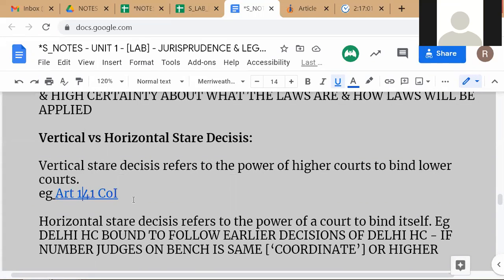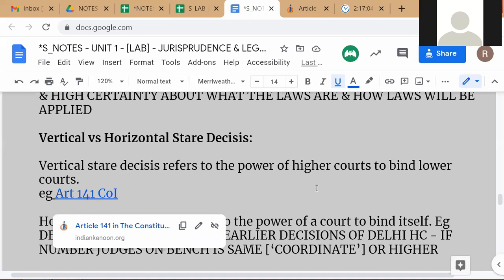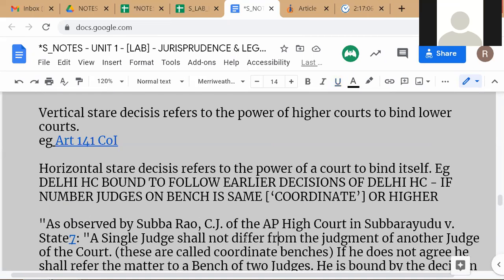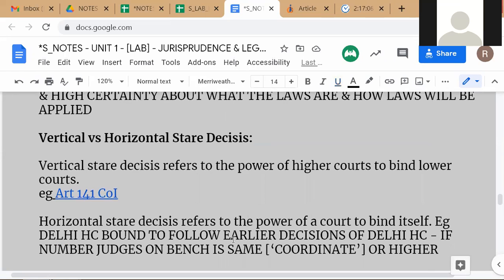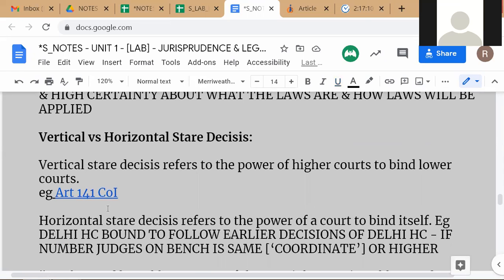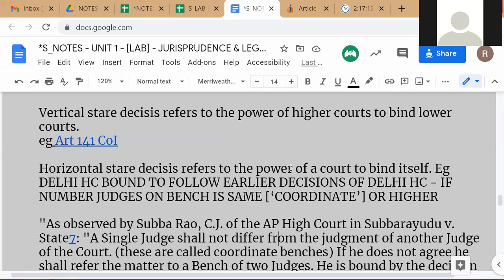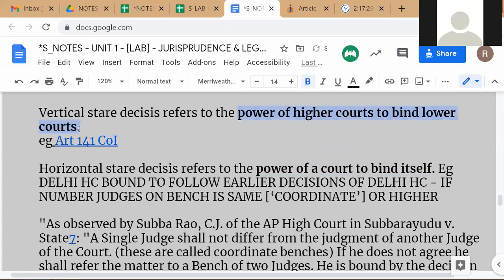So there's vertical stare decisis, and there's also horizontal stare decisis, which is the power of the court to bind itself. So for instance, the Delhi High Court can bind itself, because we also want the Delhi High Court itself to decide cases consistently.